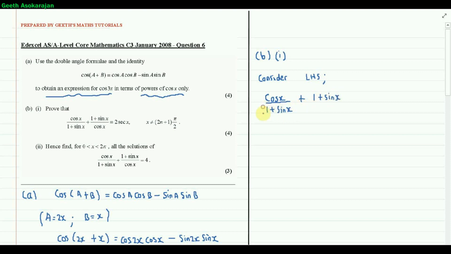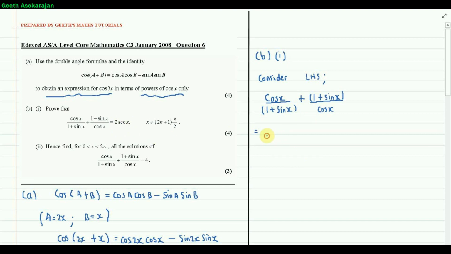Let's keep these terms in a bracket, divided by the cos x. And as I said earlier, let's simplify this term on the left, and let's prove that when we simplified it to the maximum, we're eventually going to get 2 sec x.